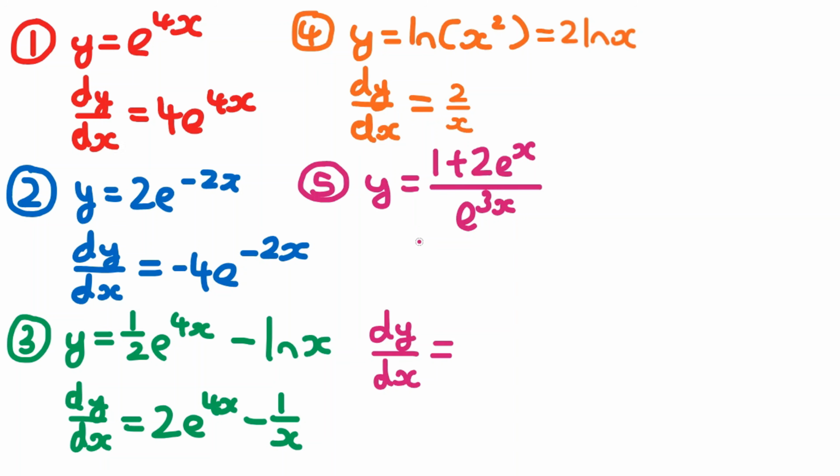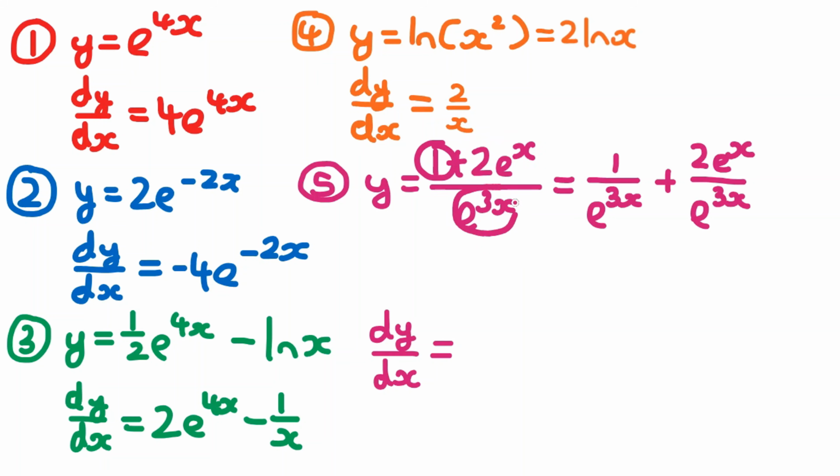And then for the fifth example, again, we can't differentiate this directly, so what we have to do is simplify it first, like the previous example. So we have 1 plus 2e to the power of x over e to the power of 3x. What we can do is separate this numerator, so it becomes 1 over e to the power of 3x plus 2e to the power of x over e to the power of 3x.